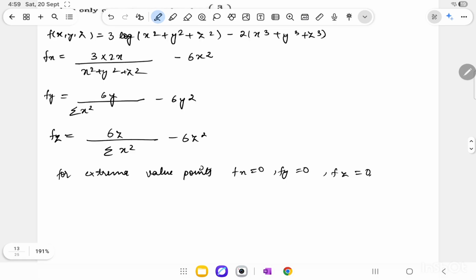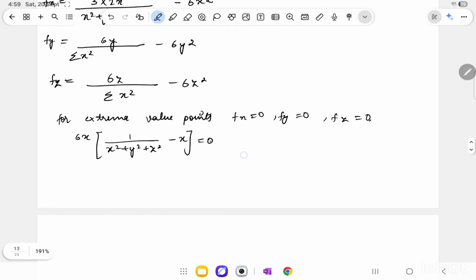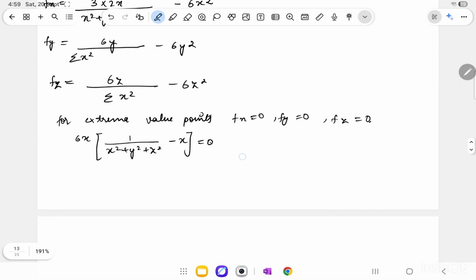Now if I equate this Fx with 0, I'll be getting 6x. I can take 6x as common, (1 divided by (x square plus y square plus z square) minus x) equals 0. So that basically gives me either x equals 0 or x equals 1 divided by (x square plus y square plus z square).